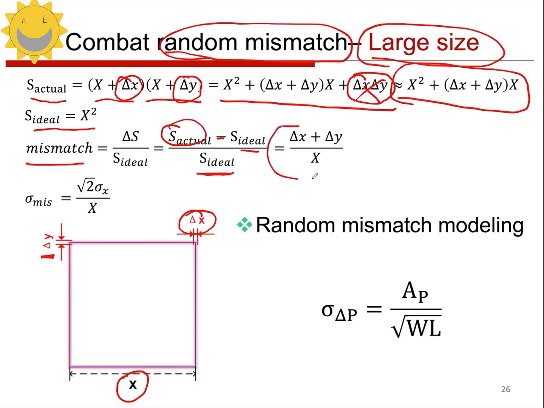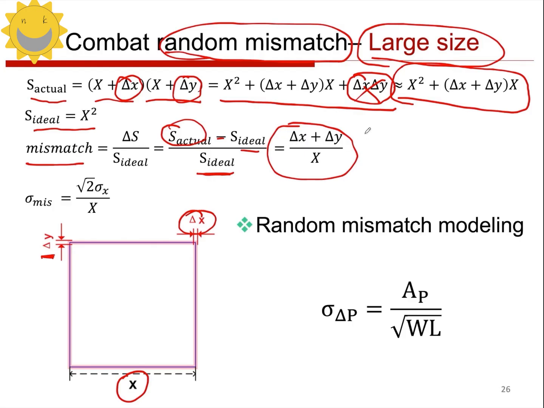Because delta x and delta y are random quantities, their average value is 0, so on average this mismatch is 0.